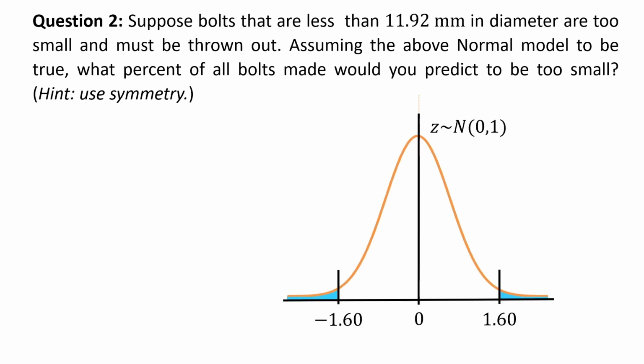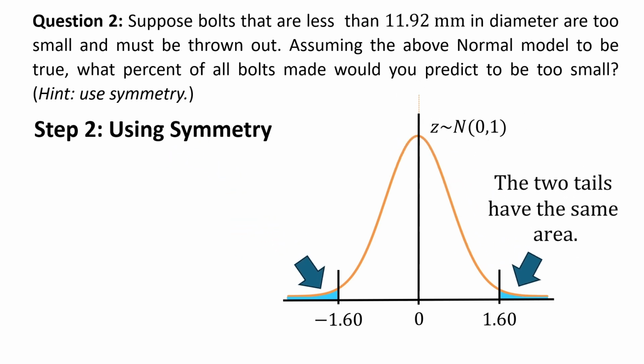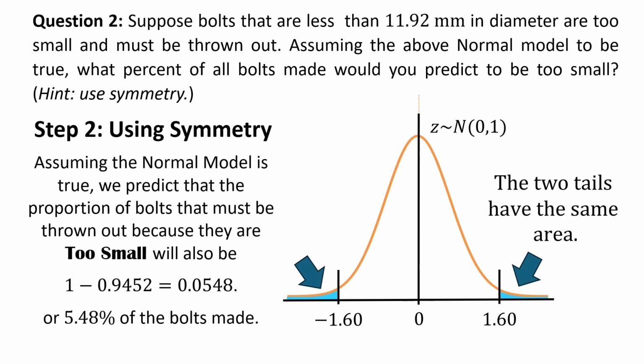Recall that in the first question, we were at 1.60 to the right. Now we're at 1.60 to the left. We know the area in the upper tail is the same as the area in the lower tail in this case because of symmetry. And so we already know that the proportion of bolts that are too small is going to be 5.48%.